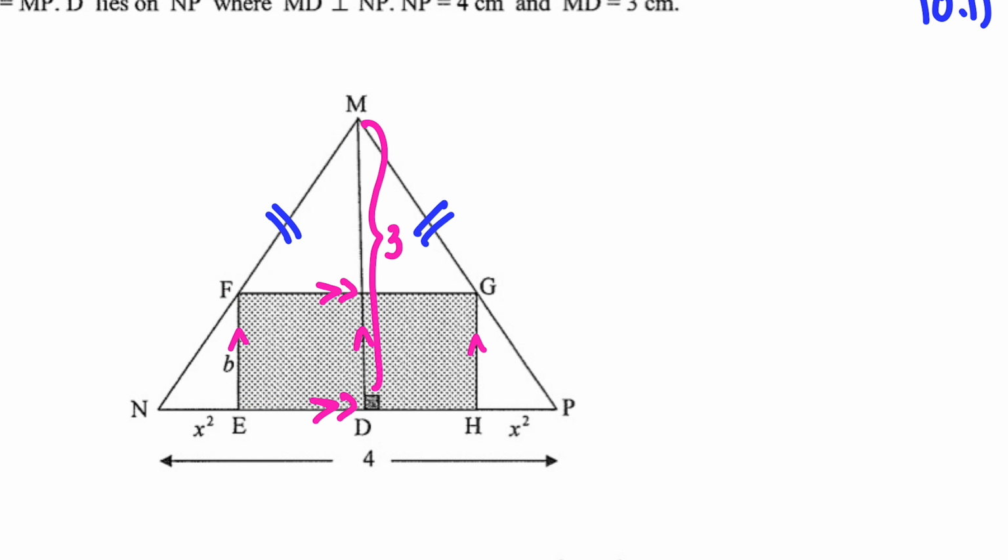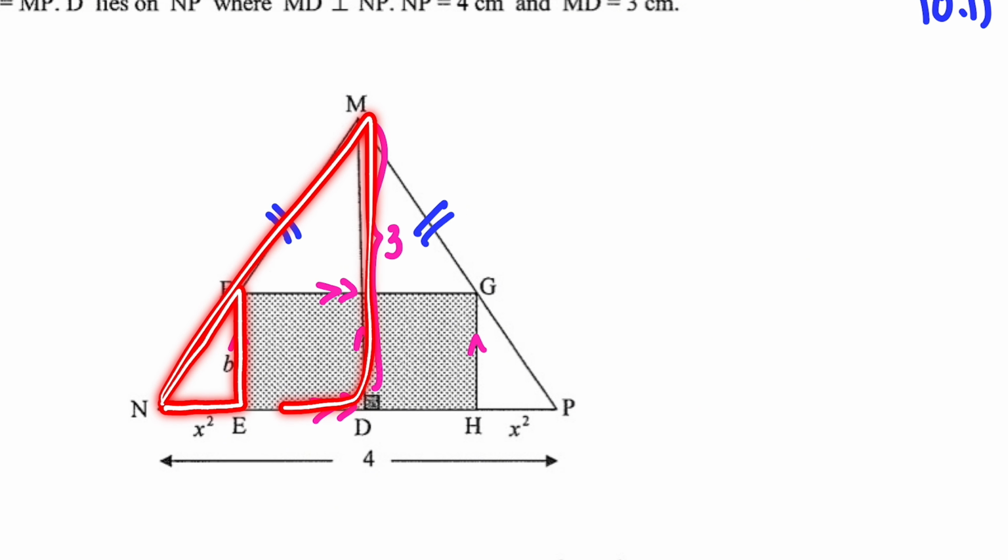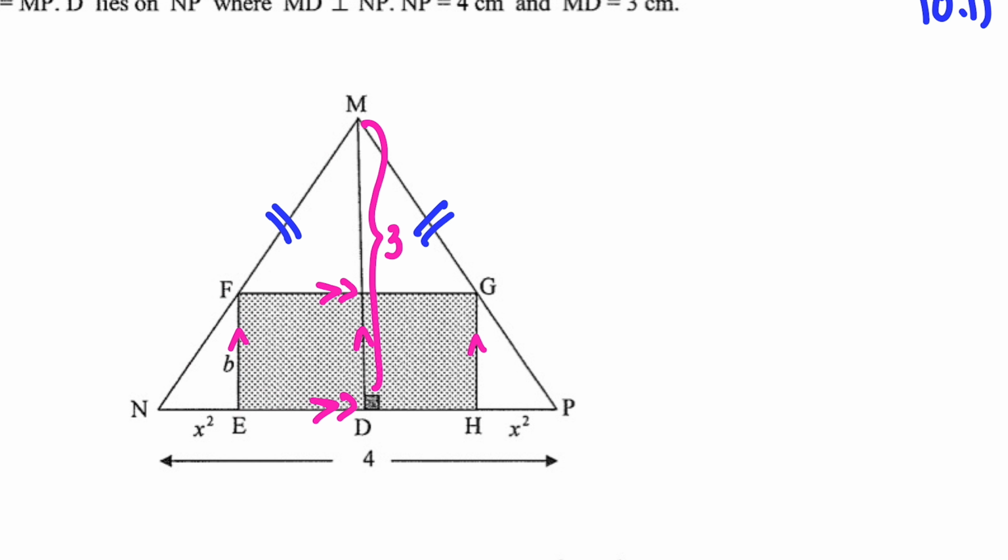NMD. And I need to go beyond paper 1 here to solve this, because I can see I would need to prove similarity. But because this is paper 1, you don't have to worry about proving similarity. Let's just write it down simply. If I look at our two triangles, which is triangle NFE and triangle NMD, I can see that N is our common angle, so that's common.